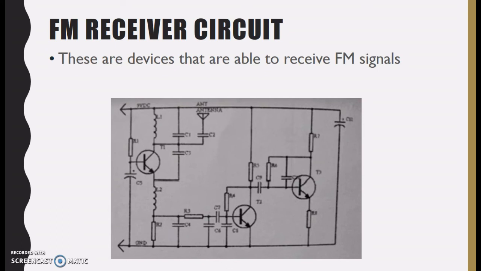And last is the audio amplifier. This component is to amplify the weak signal that comes from the detector so that it can be heard. This can be done using a simple transistor amplifier circuit. So it is this last part.